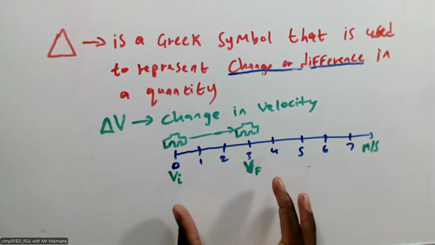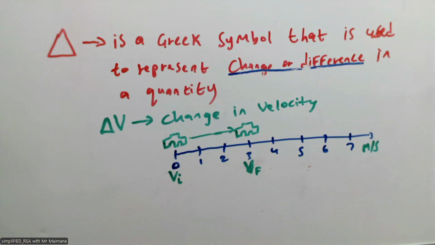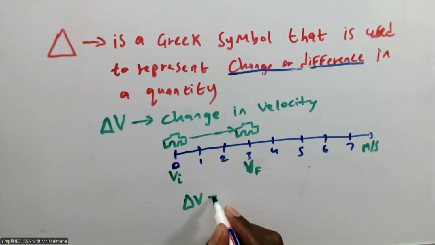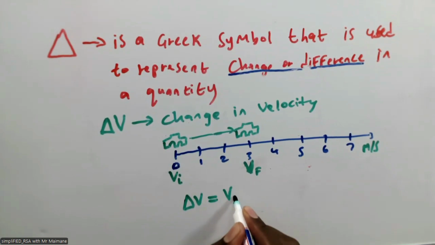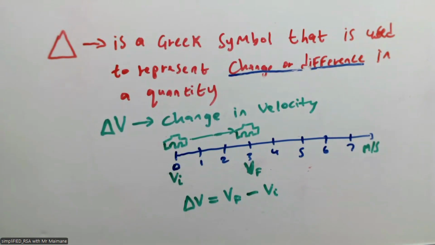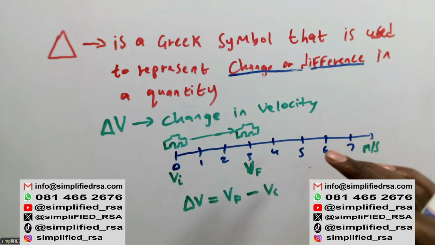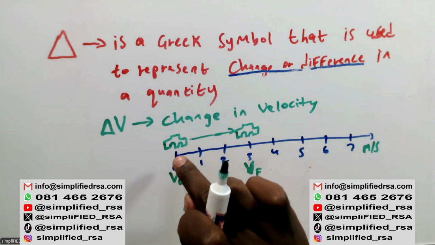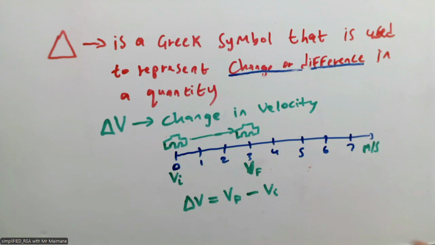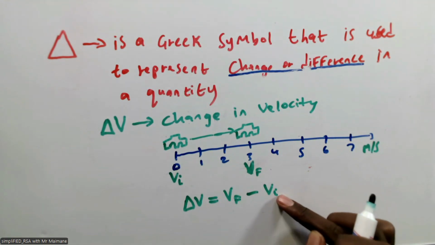If I am to represent the change in velocity in the form of calculation, I will say change in velocity is equal to final velocity minus the initial velocity. It is always final minus initial. Whether it is going to the right such that it's 0, 1, 2, 3, or it is decreasing, it's always final minus initial.